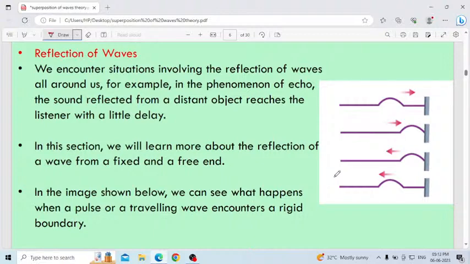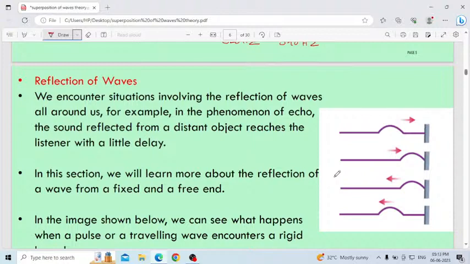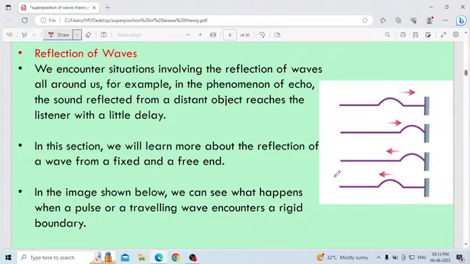Okay, next one, reflection of waves. We encounter situations involving the reflection of waves all around us. For example, in the phenomenon of echo, sound reflected from a distant object reaches the listener with a little delay. Yes, the echo sound travels in the form of a wave, and even sound waves get reflected.